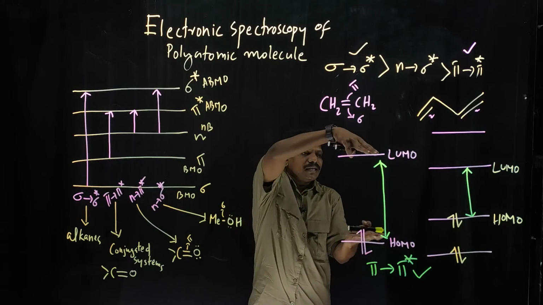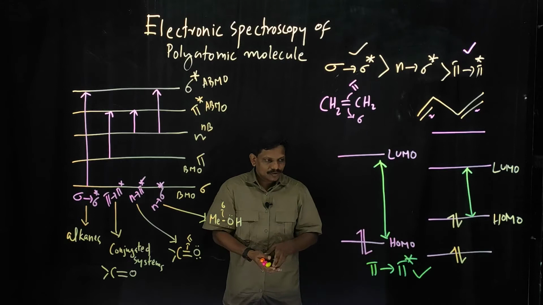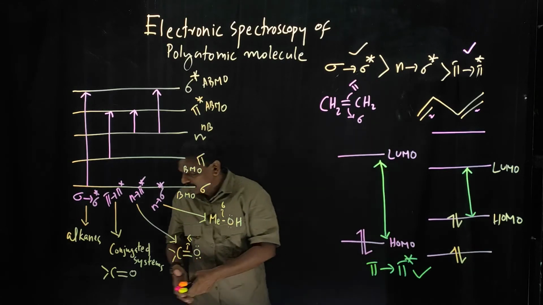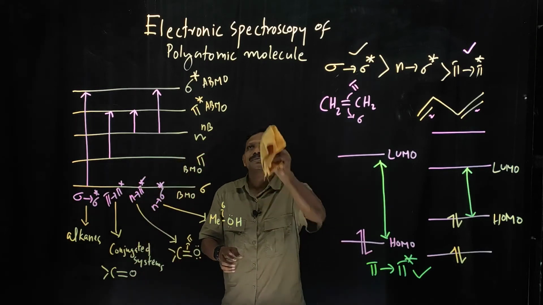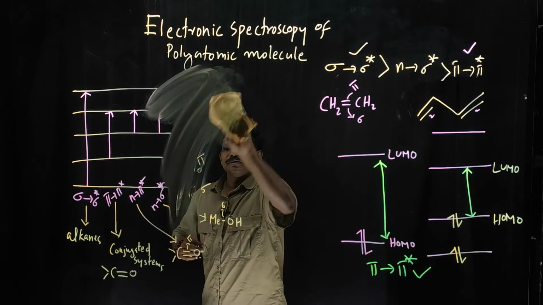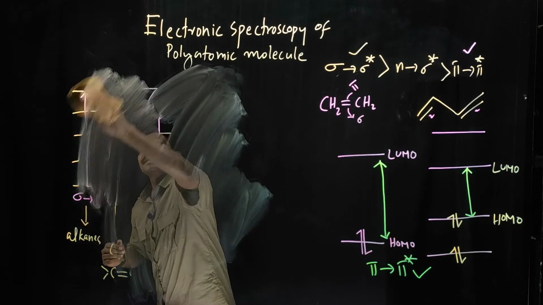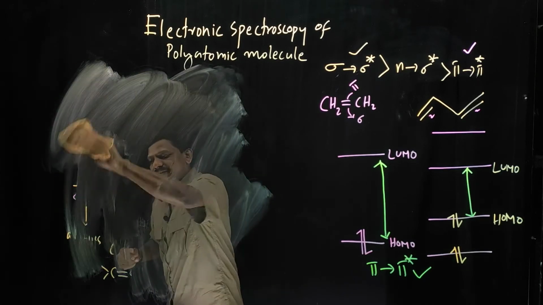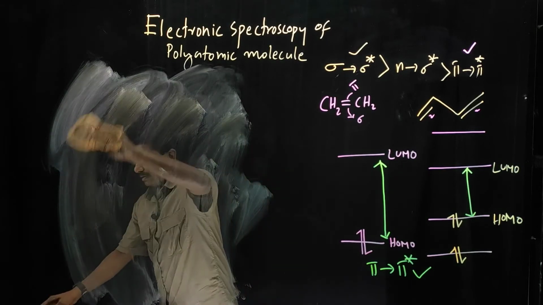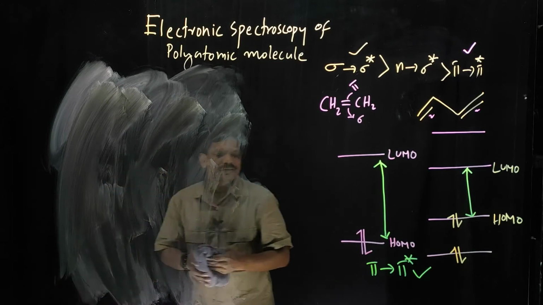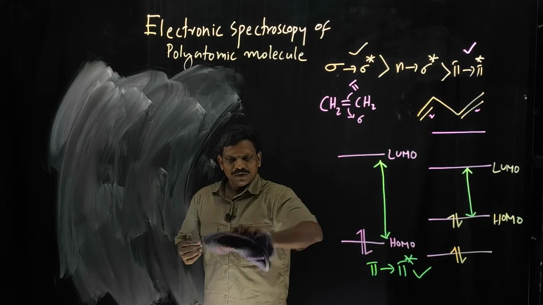Because the energy gap is decreasing, what happens when conjugation increases? Here we have considered only one double bond and 2 double bonds. When it is 3 double bonds, 4, and conjugation increases, what happens to the HOMO-LUMO levels?